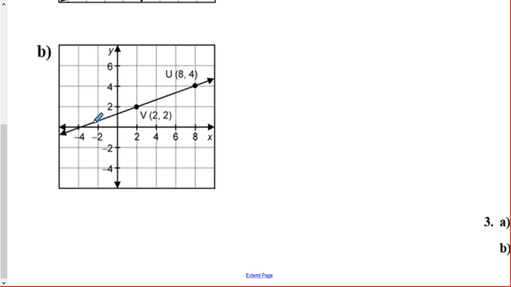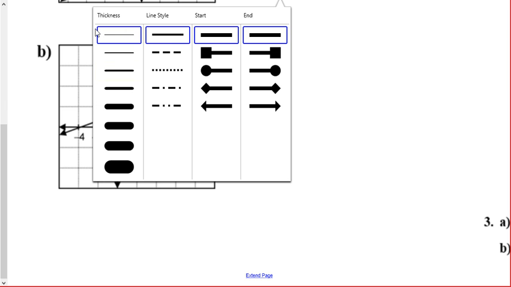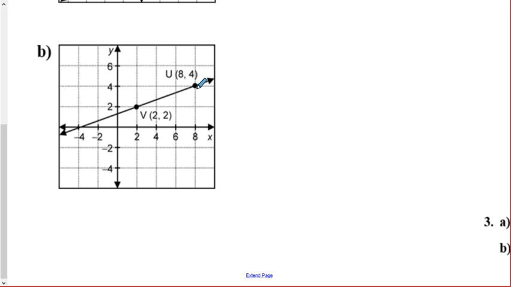Again, we've got a grid here that goes up by 2 each square, so we've got to be careful of that. Okay, so what's our rise? Well, it looks like we go from 2 to 4. So our rise is going to be from 2 to 4. That's a rise of 2.